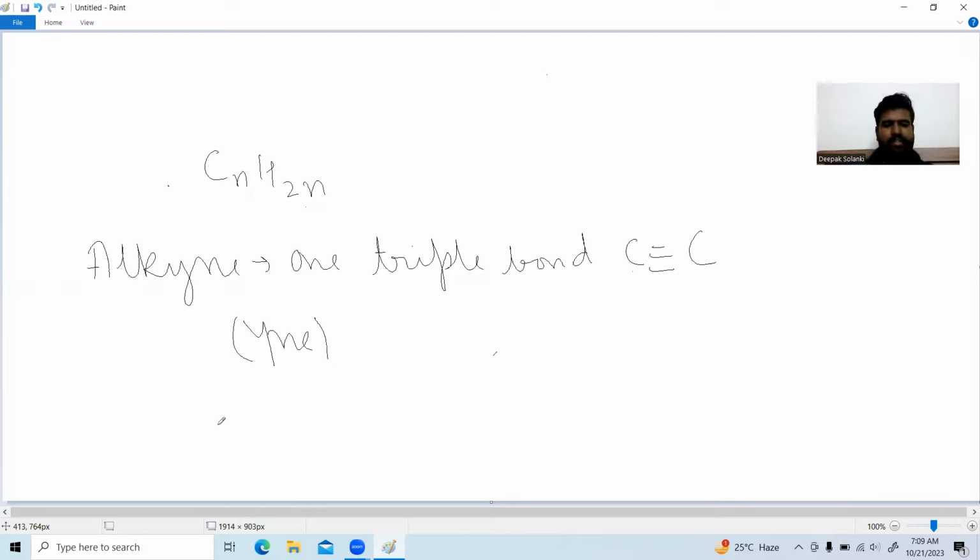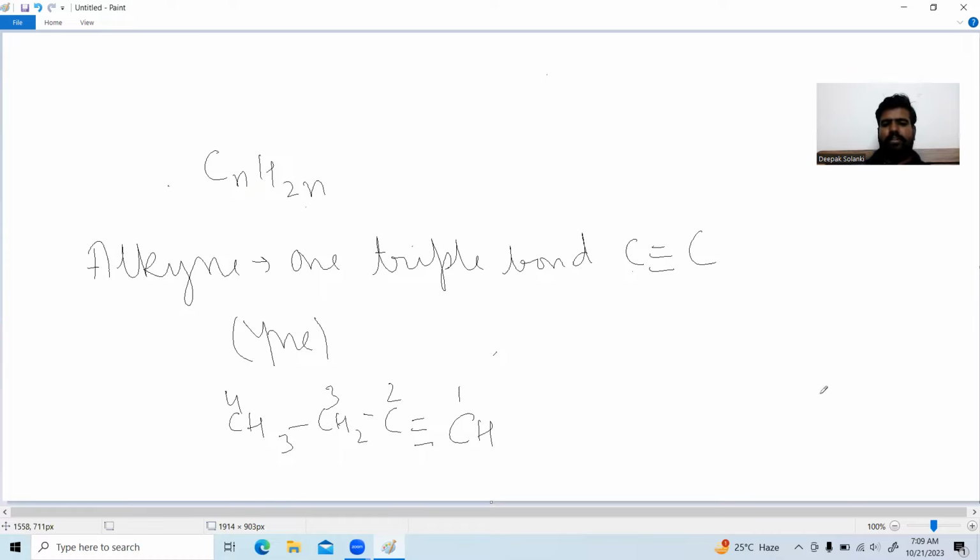For example, we can take CH3, CH2, C triple bond CH. Now count the number of carbon atoms. Numbering 1, 2, 3, and then 4.